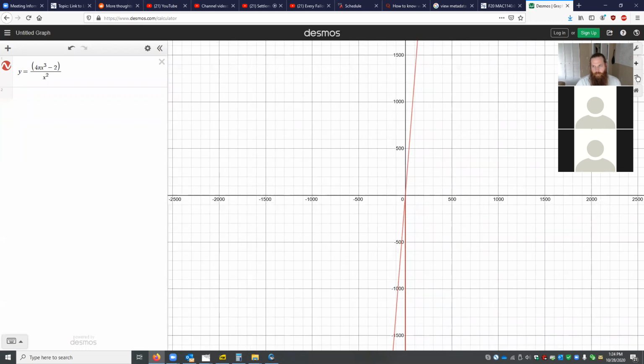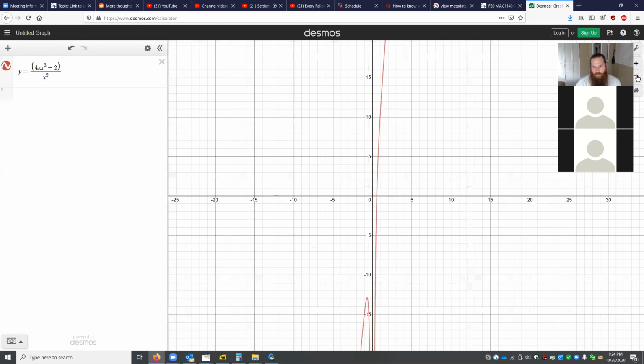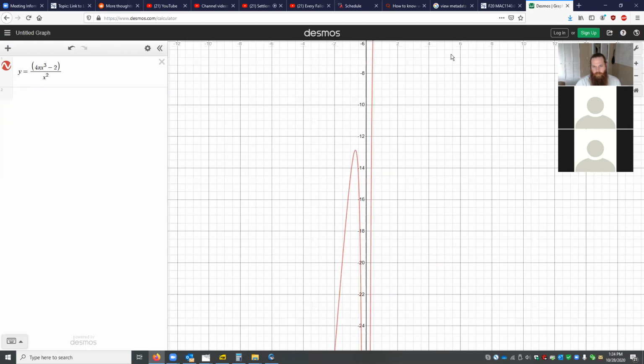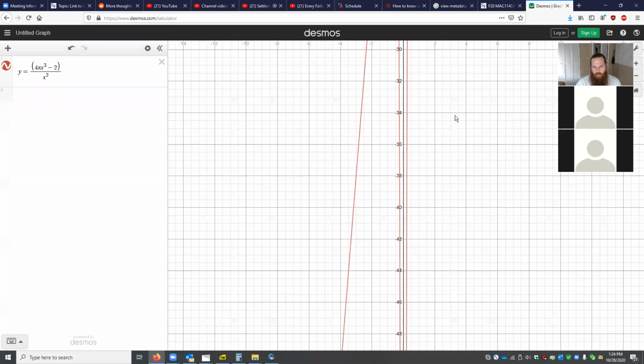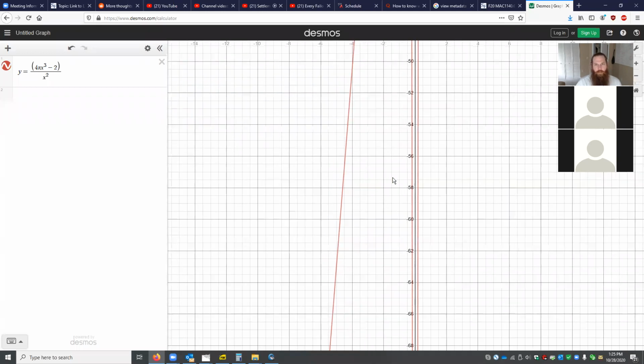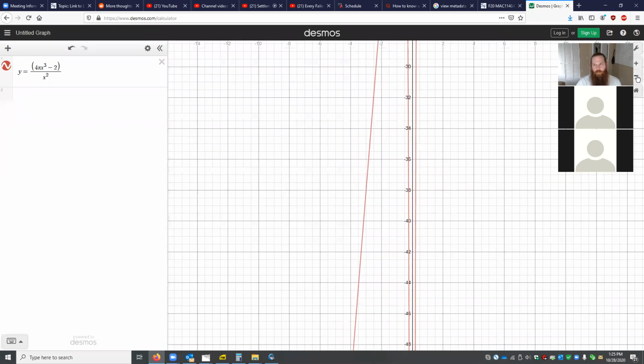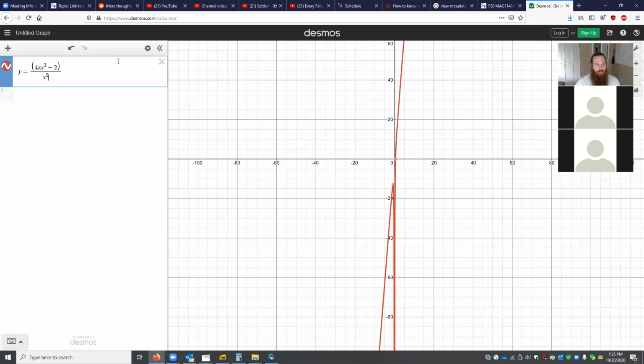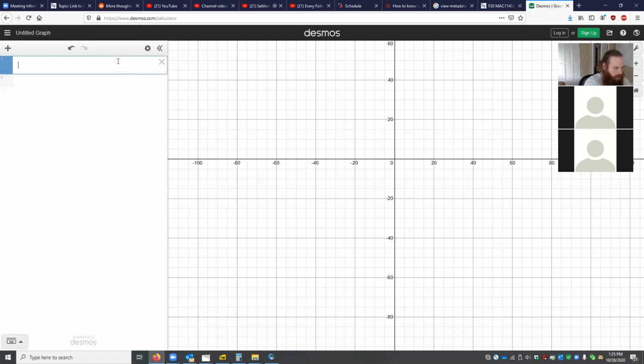Let's see, I'm trying to find this here. Somewhere down here, we've got our local minimum, which is an absolute minimum. Oh, this is S prime. I'm sorry, this isn't S. We need to graph S. Yeah, we're looking for the derivative of S, or the minimum of S. So what was S? S, as a function of R, was 2 pi R squared, so 2 pi x squared, plus 2 over x.